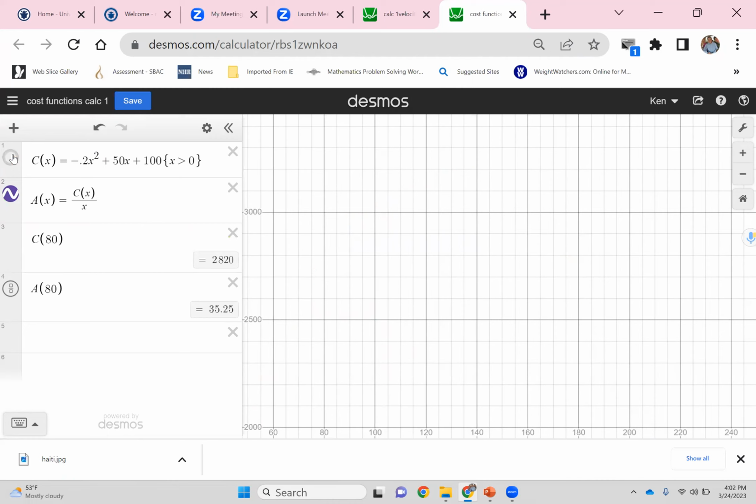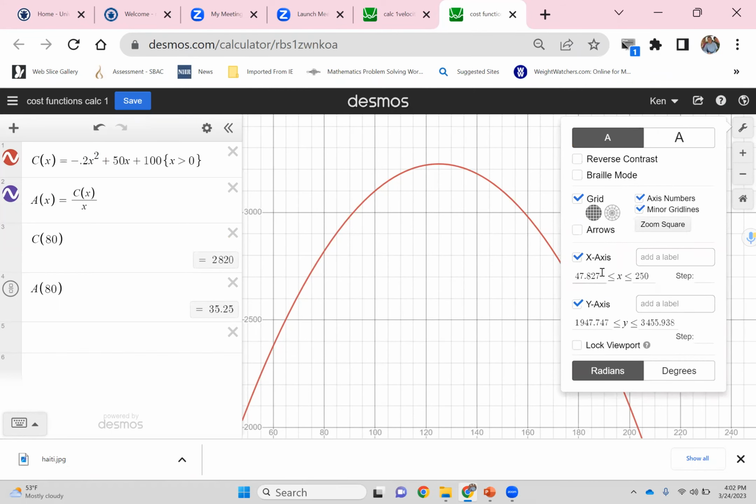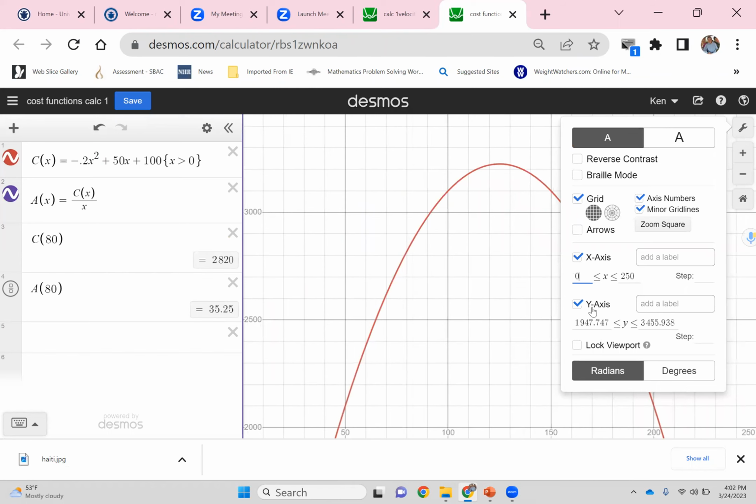If we turn it off, the average cost function isn't on there, because it's much smaller. But if you wanted to see it, I would go to my graph settings and I would go from x equals 0 to 250 and y equals 0.